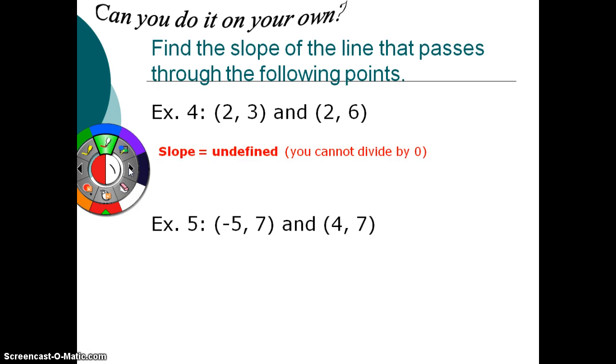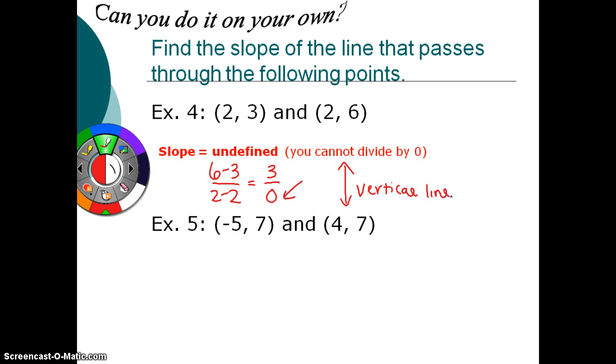So on the first one, your slope is actually going to be undefined because you cannot divide by 0. So you should have had 6 minus 3 over 2 minus 2, which would give you 3 over 0. That's why it's undefined. You can't divide by 0. This would actually be a vertical line.